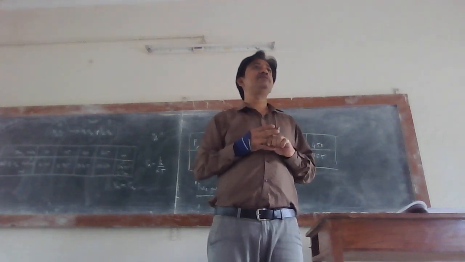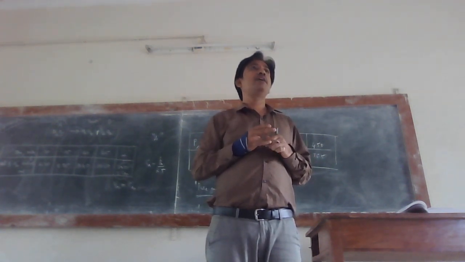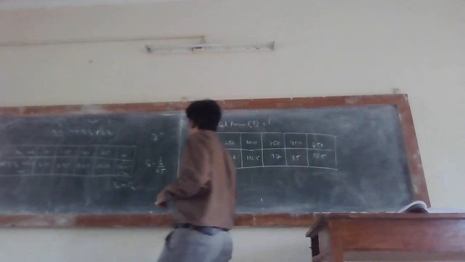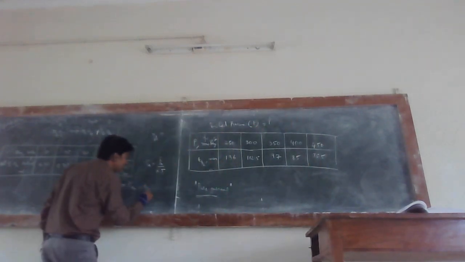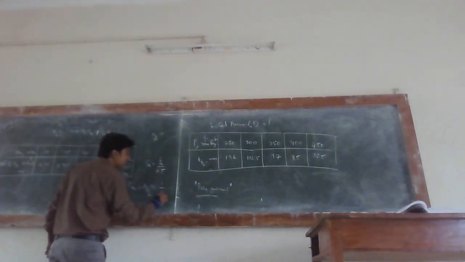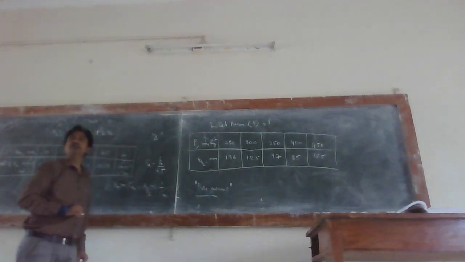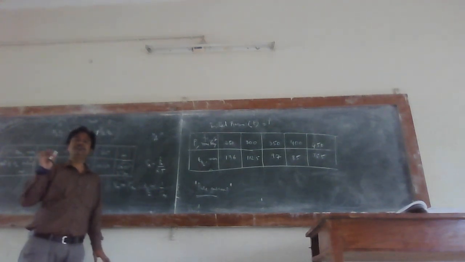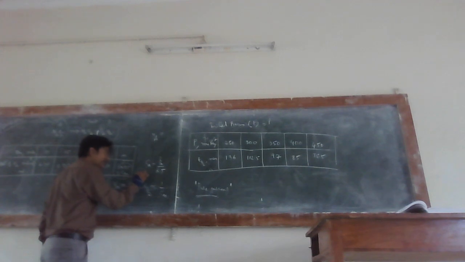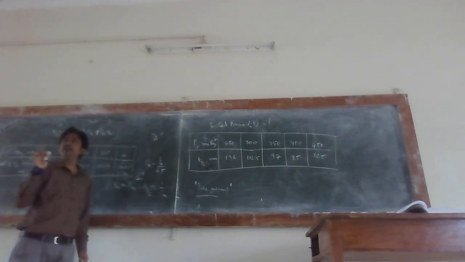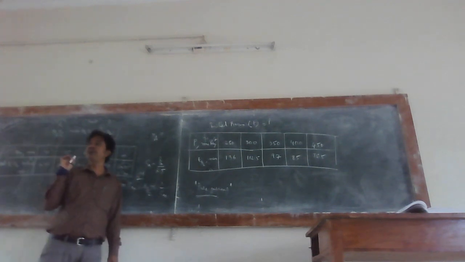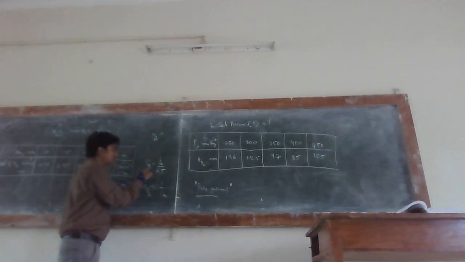Can't you check that? I can give you one more hint. T half is proportional to 1 by Ca naught. If you really want to crack it, let's look at this.